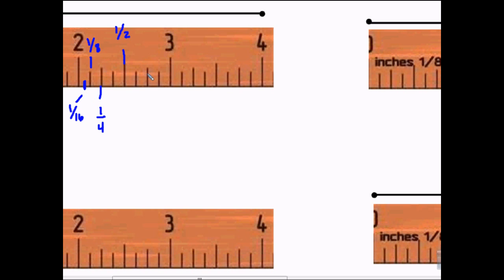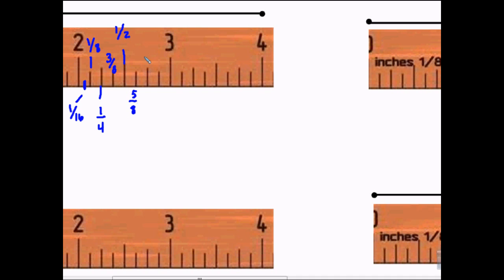And so when you count the number of lines over, you have 1/16, you have 1/8, 1/4, 3/8, because 1/4 would be 2/8. Then you have a half, and that would be 4/8. So this is 5/8.